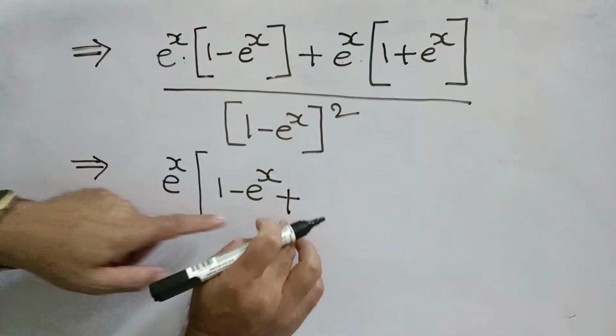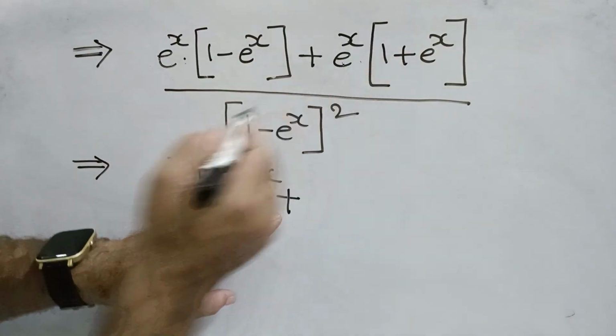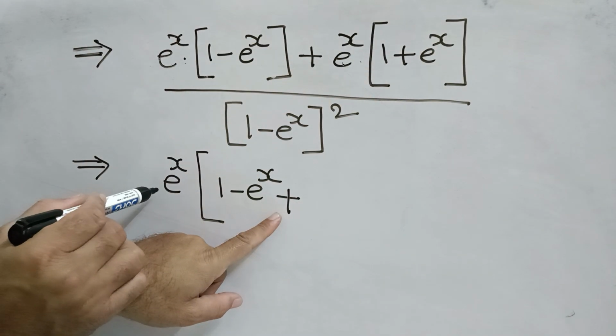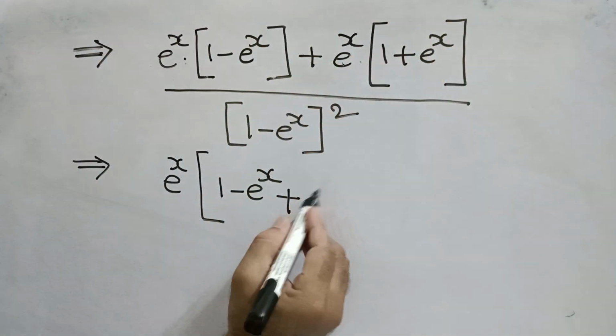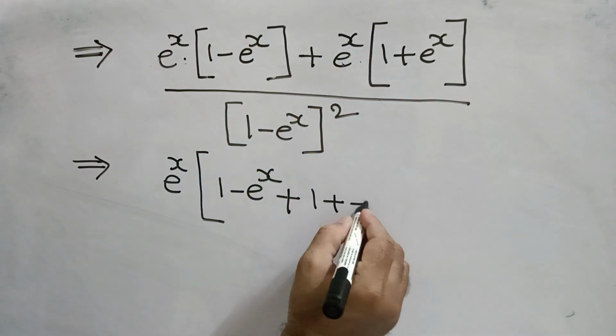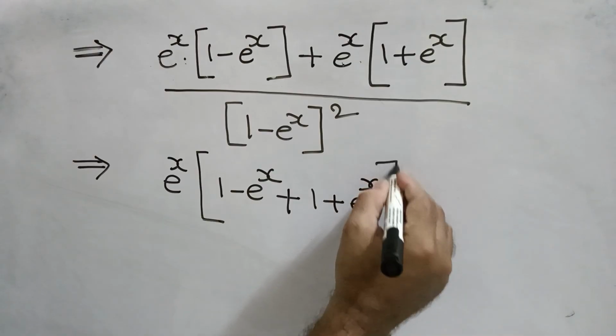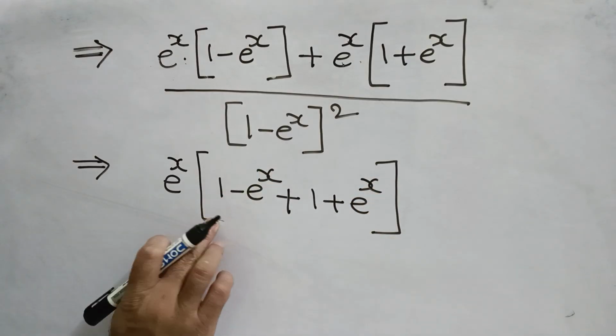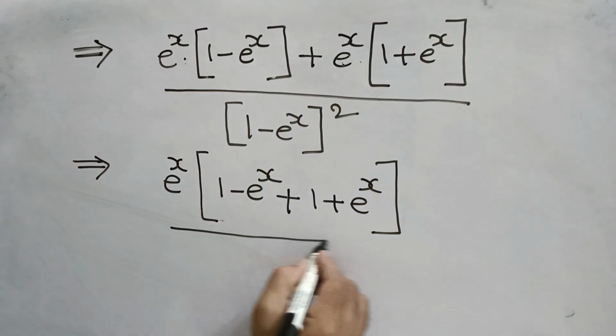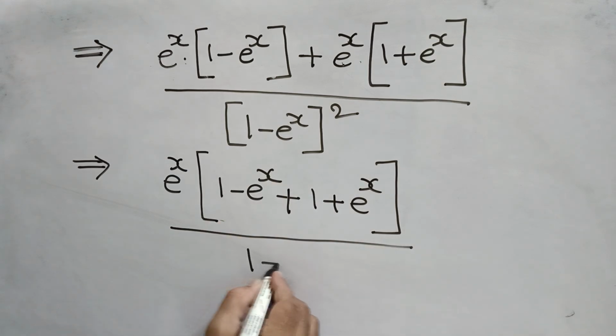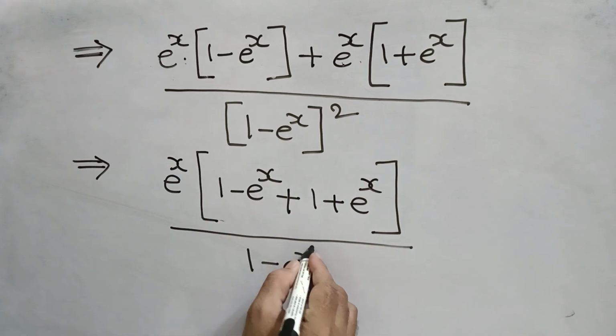So you will get the plus symbol. This e power x, however, I have taken here as common. Then what you have? 1 plus e power x. Clear? By what is the denominator? 1 minus e power x whole square.